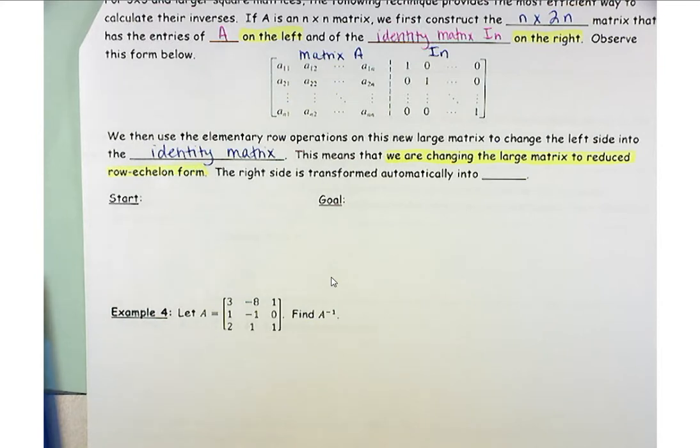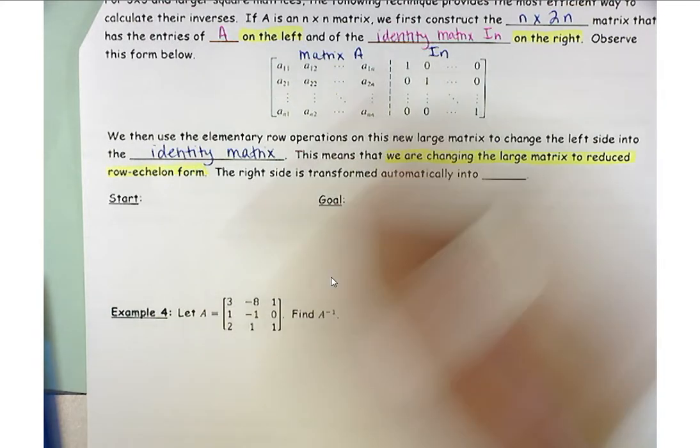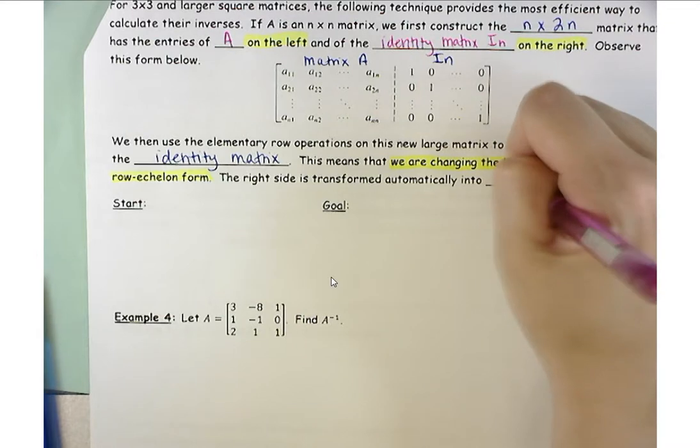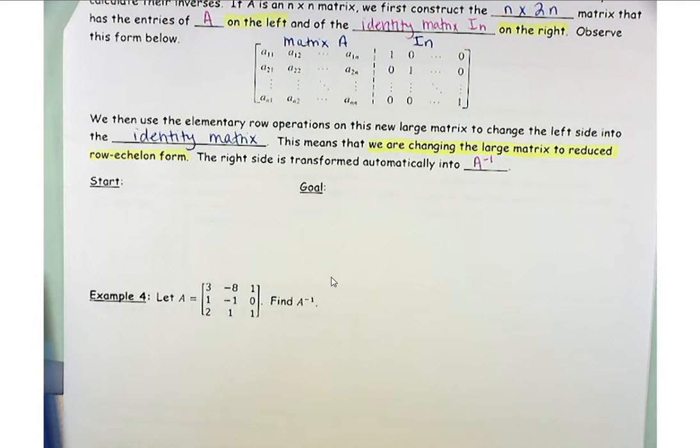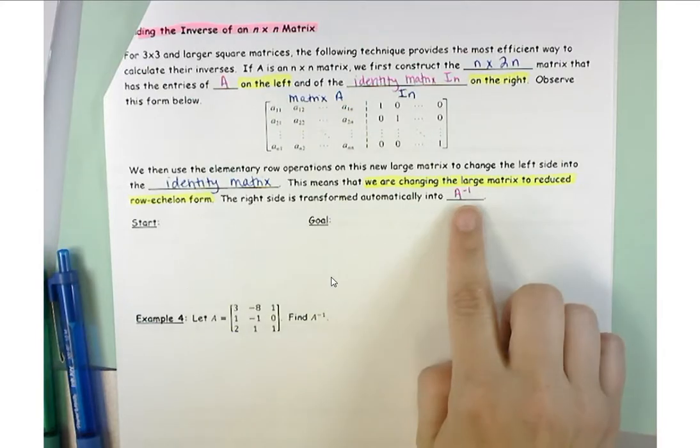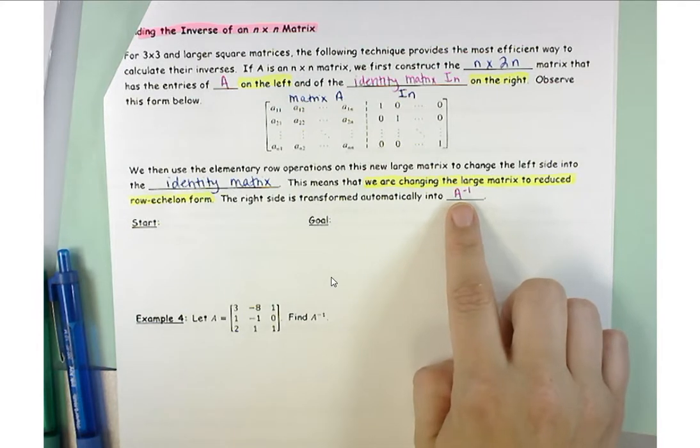When we do this, the right side is automatically transformed into the inverse of matrix A. So remember in 10.3 I told you that you should put some of your matrices in reduced row echelon form and not just row echelon form and use back substitution because we were going to use it later. Later is now today. Okay, so we are going to be doing reduced row echelon form.